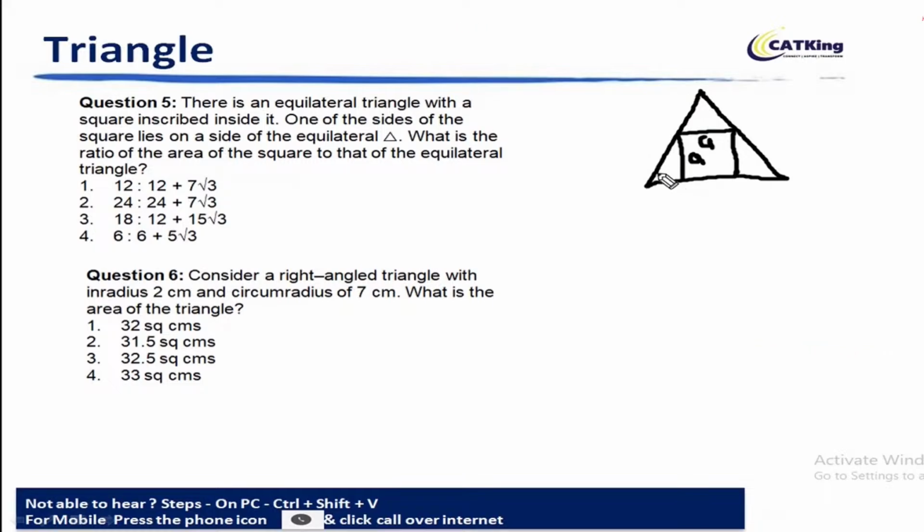Okay, so suppose this is A, this is B, this is C, this is D, E, F, and this is G, right?